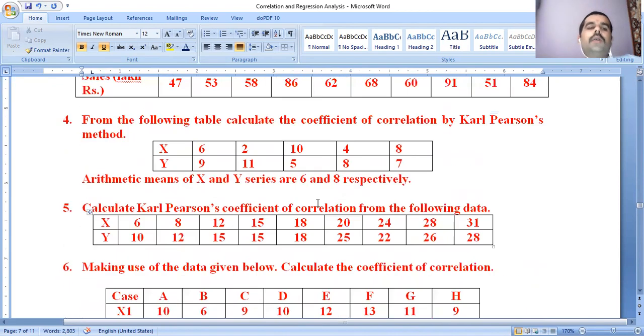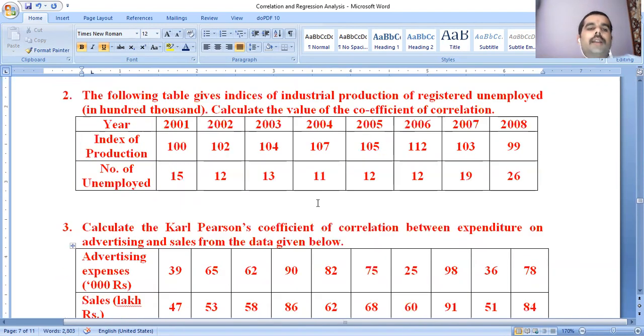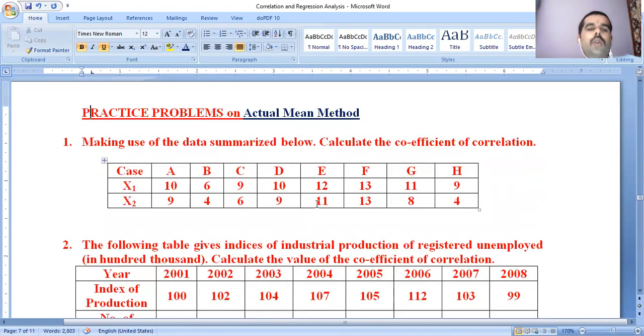While you are calculating a Karl Pearson coefficient of correlation problem, first of all you have to recall the formulas, that is, the actual mean method formula and the assumed mean method formula also. Then, by observing the problem, first find the averages of x1 and x2 values, or x values and y values, whatever is given in the question.